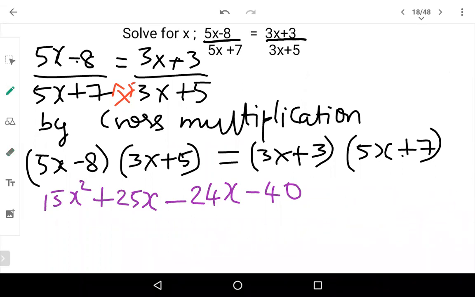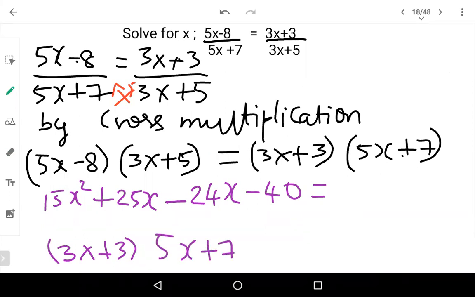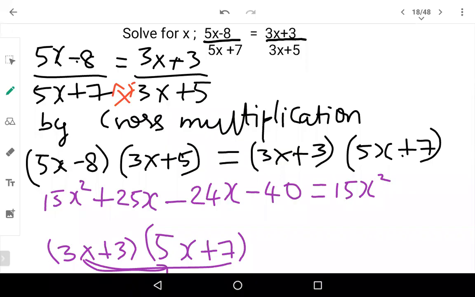Now going on to the right hand side of the expression, we have (3x + 3) into (5x + 7). Now here we are supposed to take 3x into 5x, that is again 15x². Then 3x into 7, so you will have plus 21x.